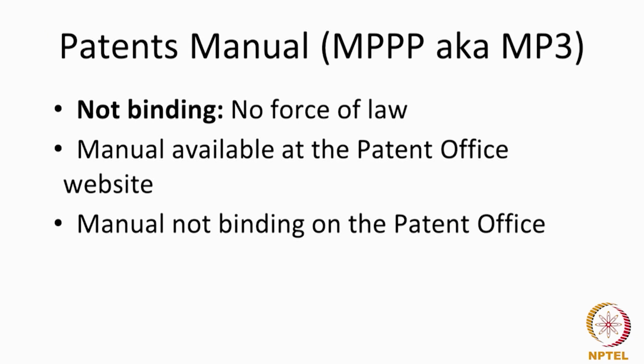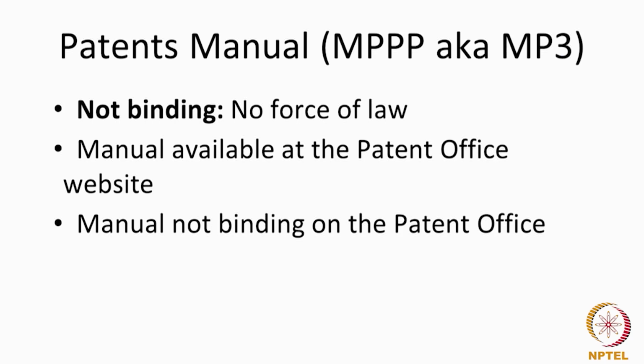So, we cannot use the manual to force the Patent Office to take a particular decision in a particular way, because the manual is a guideline of probably the best practices or the practices that are followed by the Patent Office. The last manual available is not updated in line with the Patent Amendment Rules 2016, though we hear that the new version of the manual could be out anytime.